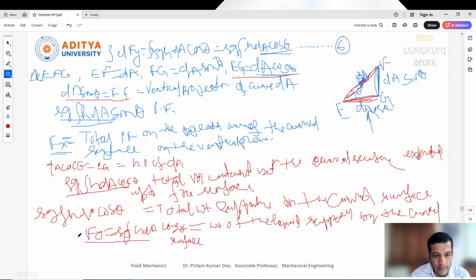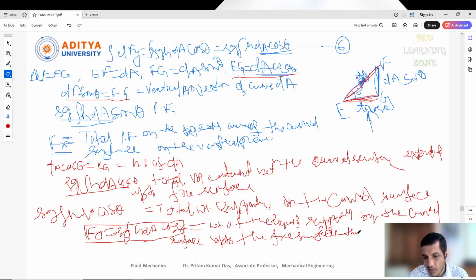That is nothing but the weight of the liquid supported by the curved surface up to the free surface of the liquid.